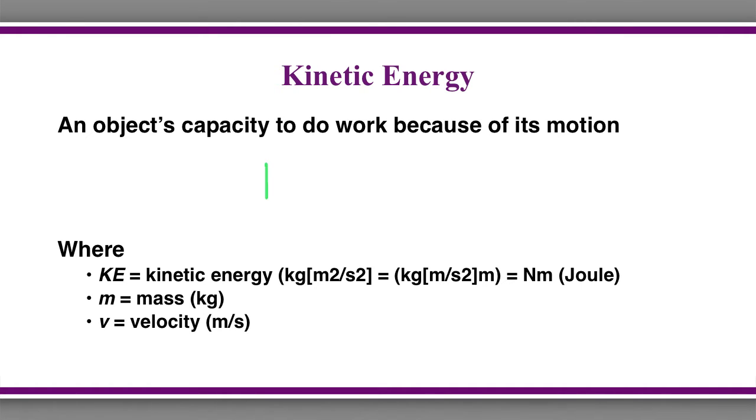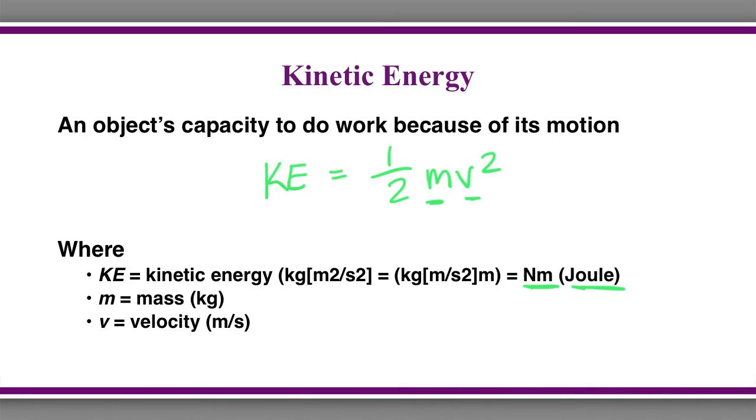And the mathematical equation for kinetic energy is KE equals 1/2 mv squared, where in this formula kinetic energy is KE, and the unit for this is Newton meters or joules, because it is kilograms times meters squared over seconds squared, which can then be converted to kilograms times meter per second squared times meter, which then equals a Newton meter, or more commonly known as a joule.